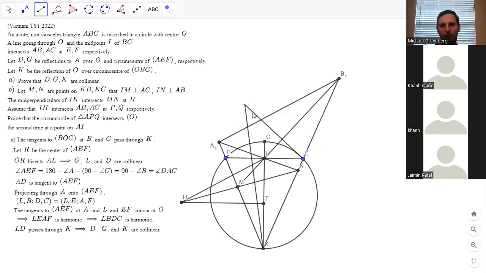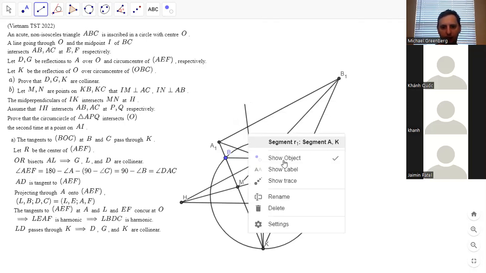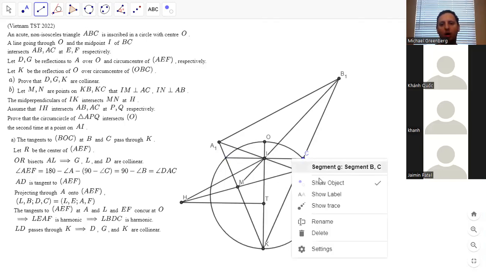Then we're done. So how do you define point K? I'm just redefining this as a lemma, and if we can prove this lemma, then we just need to apply it to the original problem.